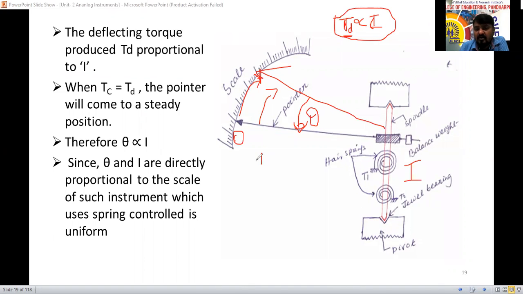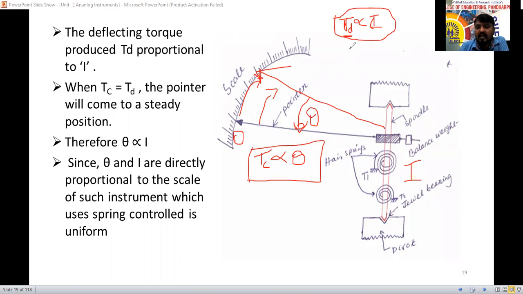So because of the controlling torque, the deflecting angle theta will rotate back. So the controlling torque is directly proportional to theta. Theta is nothing but the angle of deflection.